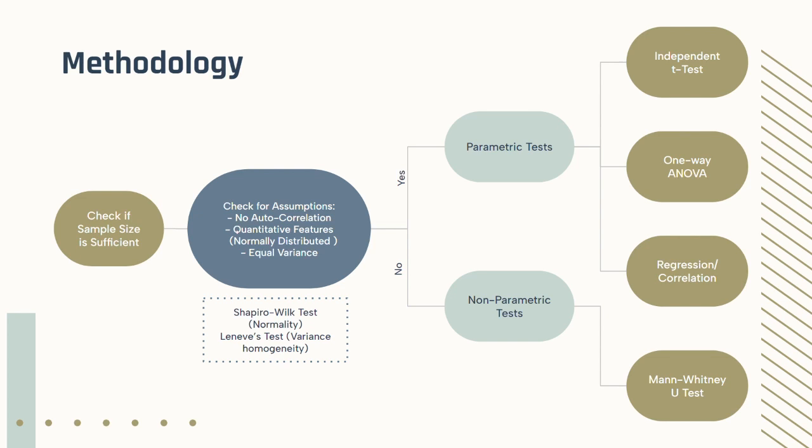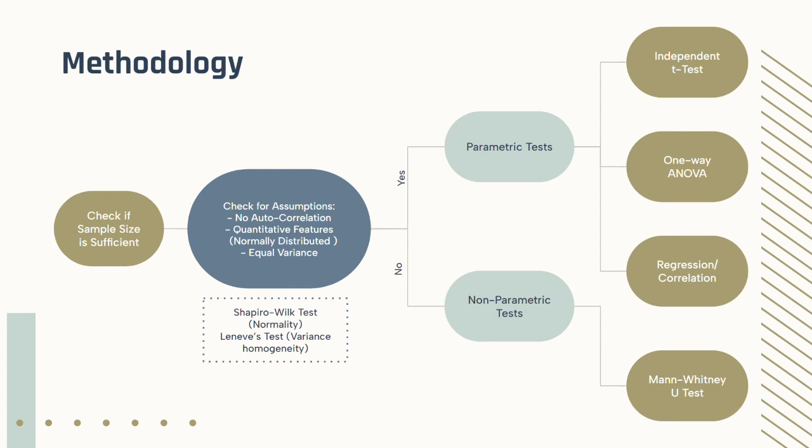Before we selected the kind of test to be performed, we had to make sure that 3 of our assumptions were met. Those included no autocorrelation, which means the features of interest are independent. Secondly, all the quantitative features are normally distributed, and to check that, we used the Shapiro-Wilk test, which is a test for normality.